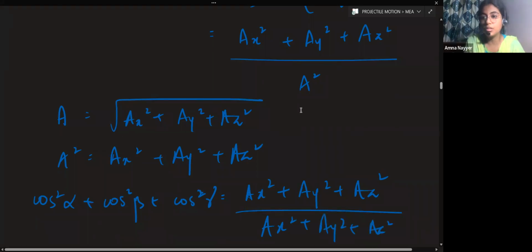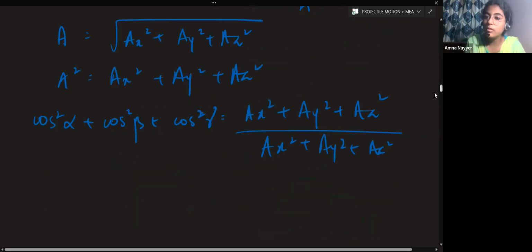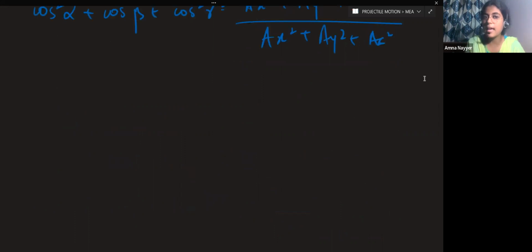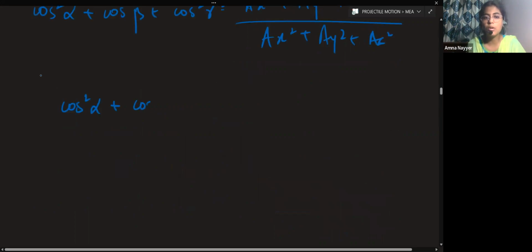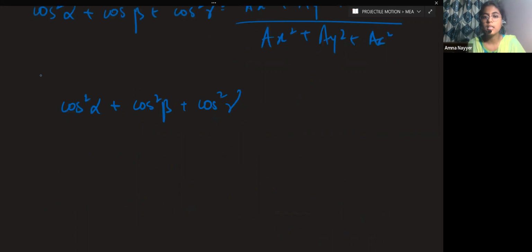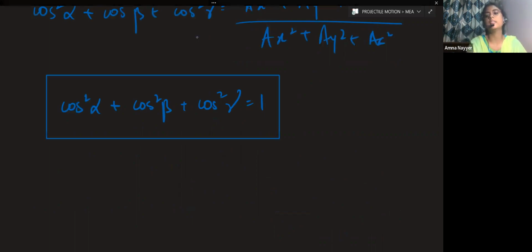So in your exam, it is asked: if you resolve all the forces along x-axis, y-axis, z-axis, prove that cos square alpha plus cos square beta plus cos square gamma is equal to 1. This is it. Fine. Note this down.